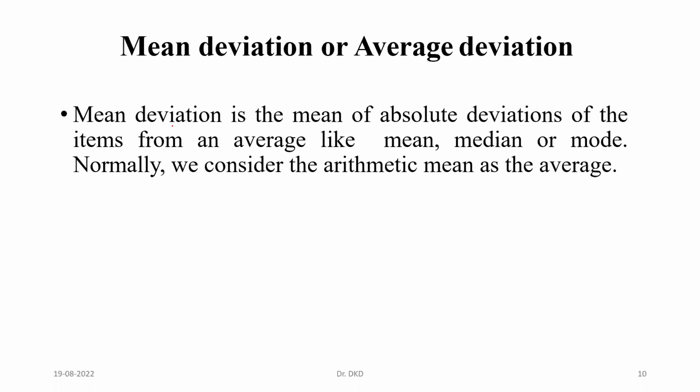Mean deviation is the mean of the absolute deviations of the items from an average like mean, median or mode, but normally we consider the arithmetic mean for mean deviation calculations.